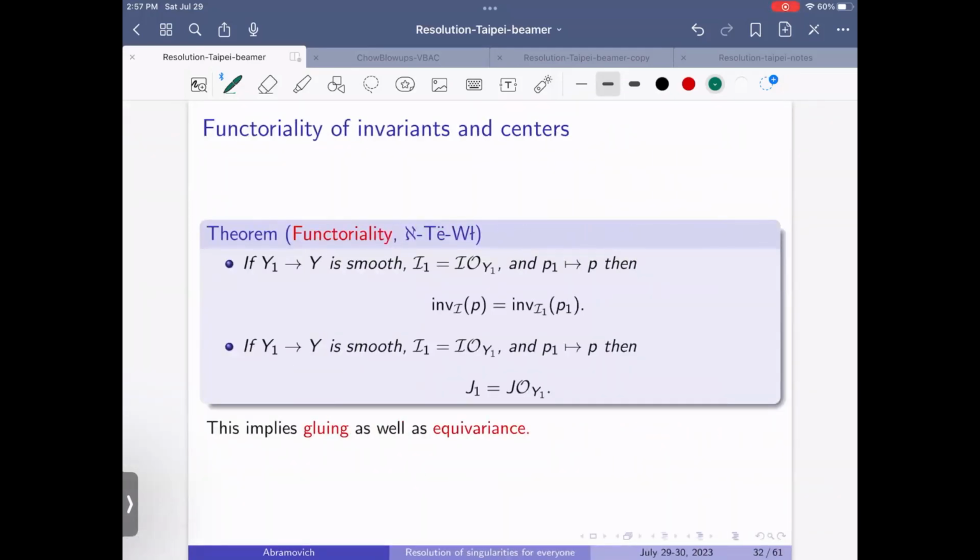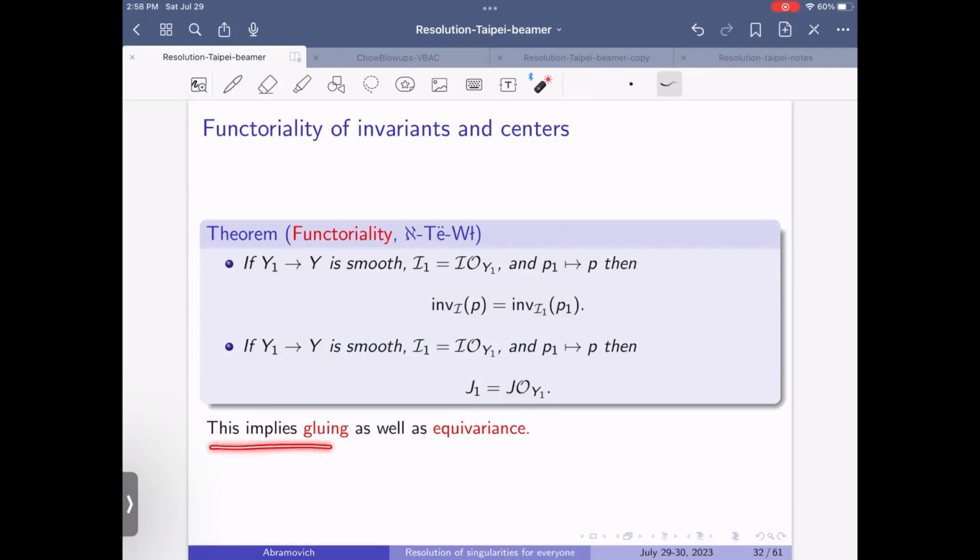The invariants and centers are functorial. So this is a theorem that we proved. If I have a smooth morphism, then the invariant of the pullback ideal at the point above is the invariant of the ideal at the point below. If I have a smooth morphism, then the point above maps to a point below, and the center above is a pullback of the center below.